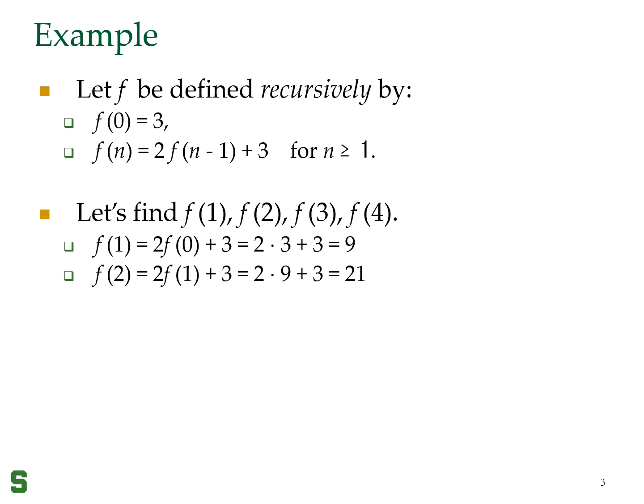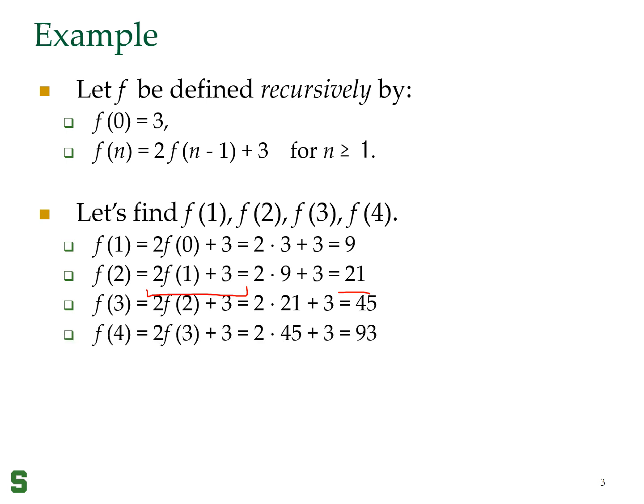For that we will need to do 2 times f(1) plus 3, and that will give us the value 21. We can continue. I would ask you to check the math yourself, but f(3) will come out to be 45, f(4) will come out to be 93, and so on and so forth.